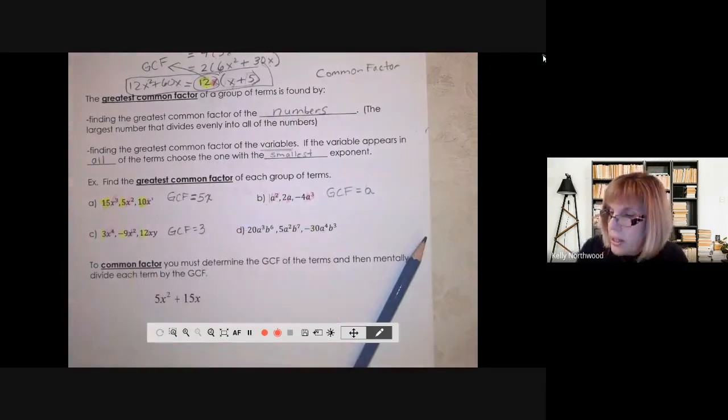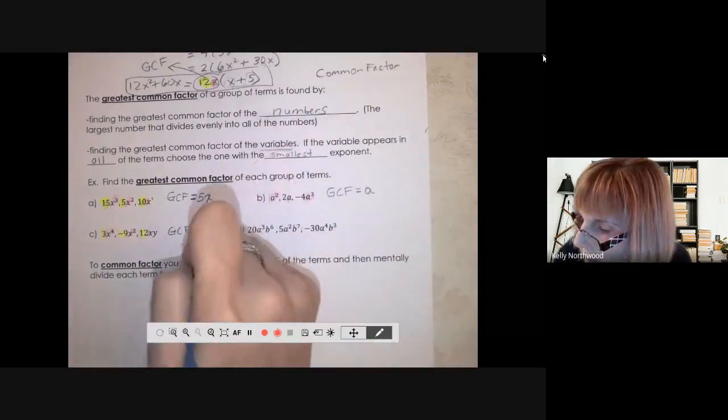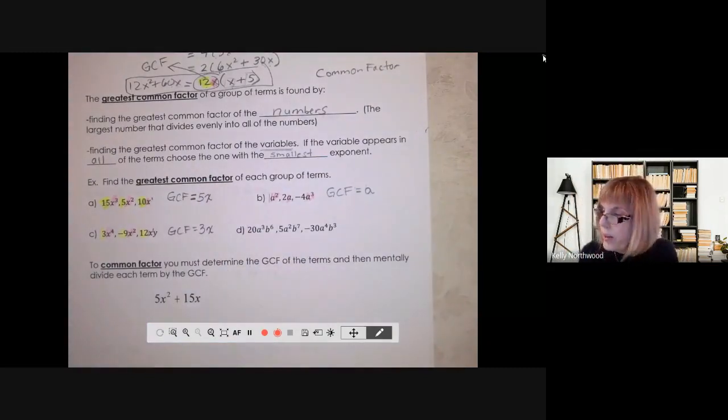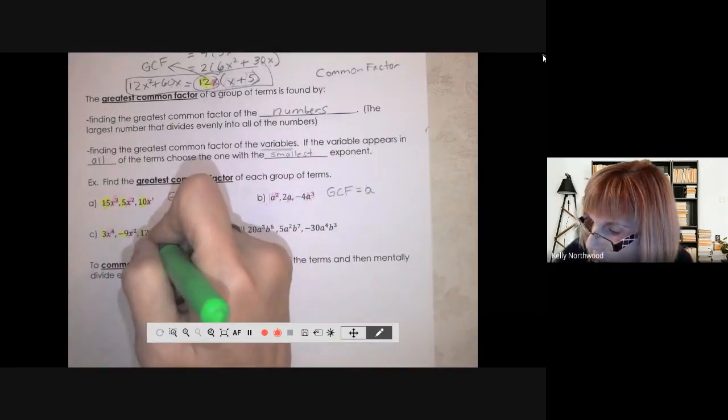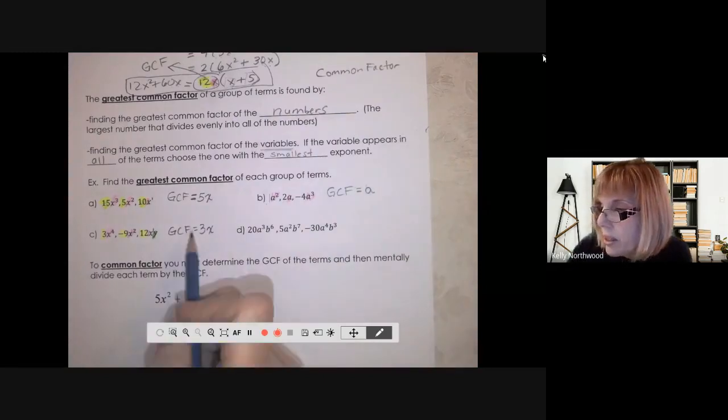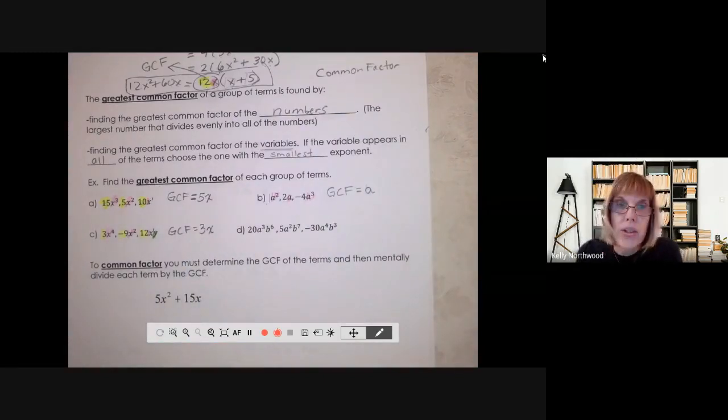There's an x in every term, so x is going to be part of the greatest common factor. And we want the smallest exponent, which would be just the x to the 1. Then we're going to look at the y. It's only in one of the terms, so it can't be part of the greatest common factor. So our greatest common factor is just 3x.